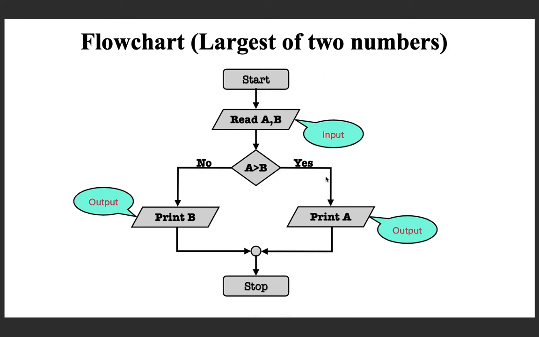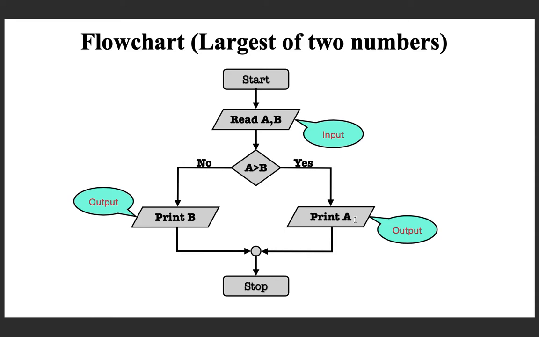Then, a parallelogram symbol or a box can be used to represent either an input operation or an output operation. For reading the values of A and B, you can represent it in a parallelogram, or printing B or A, you can represent in a parallelogram.